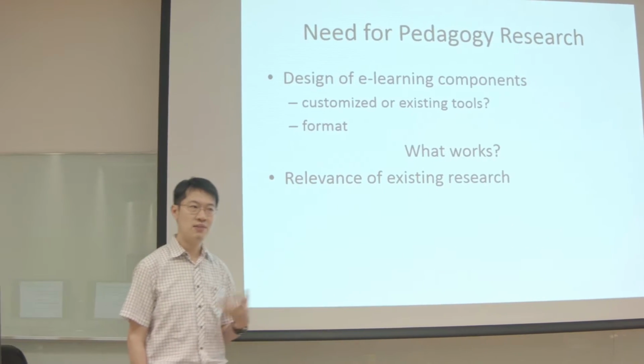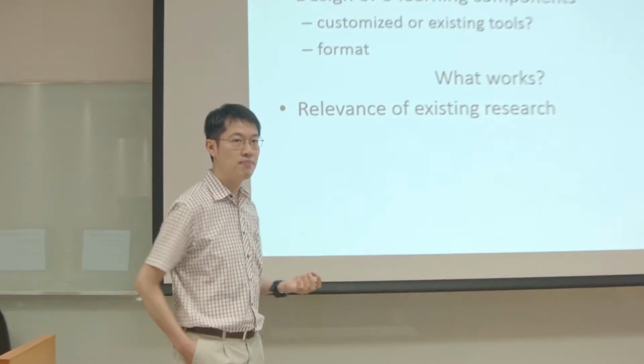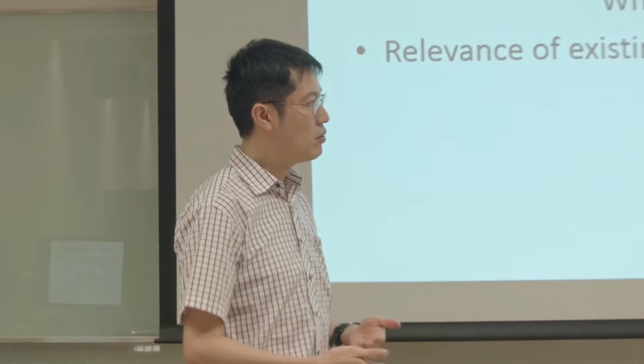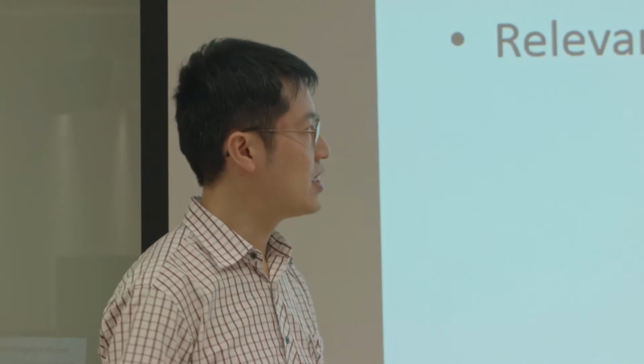Well, some are, for sure, but some may not be, because as you know, we all have different student groups, different language abilities, and so on. That is why it may be worthwhile to do an in-house investigation. For our students, are these measures effective, or what are the more effective things that we can do?